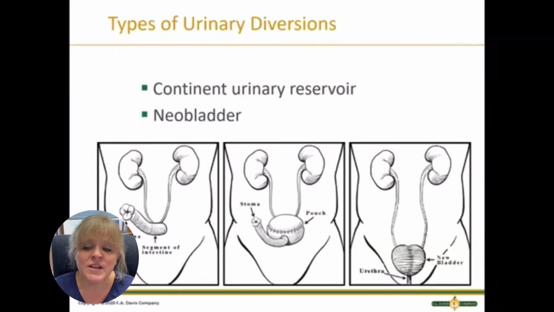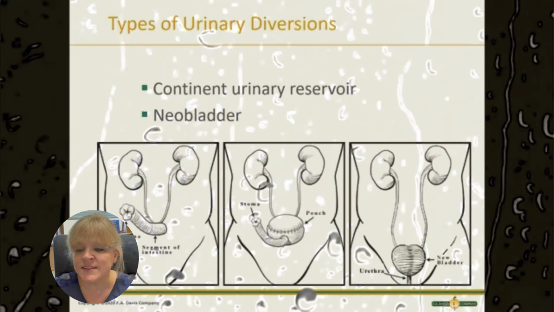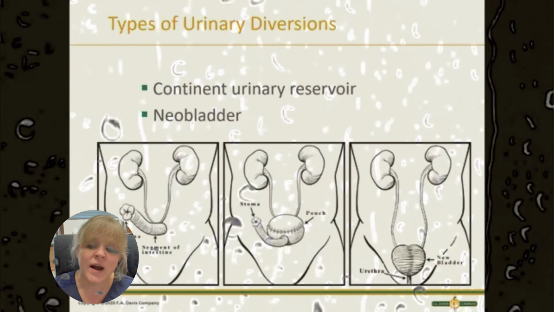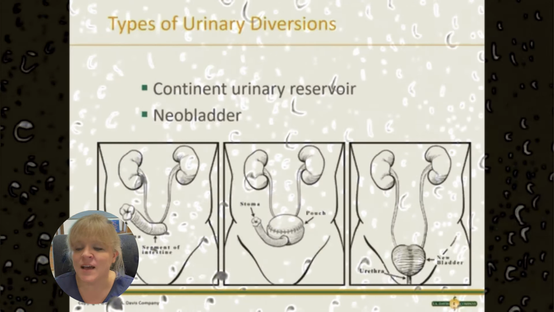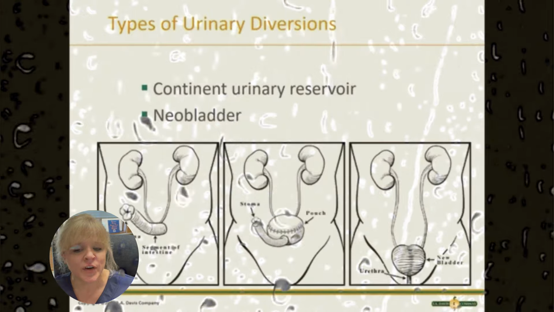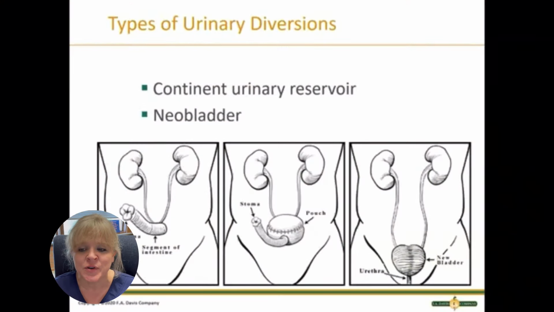They may also need to occasionally use self-catheterization, but for the most part this will help them empty the bladder. So this kind of urinary reservoir doesn't require any kind of external stoma or bag, and it's common to have a little bit of urinary incontinence after this surgery, but it usually resolves within a few months.